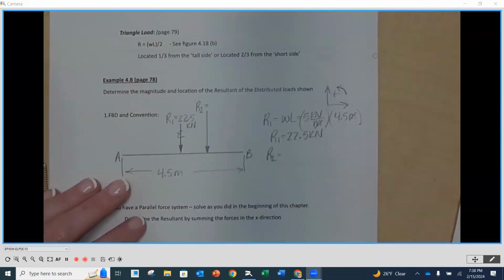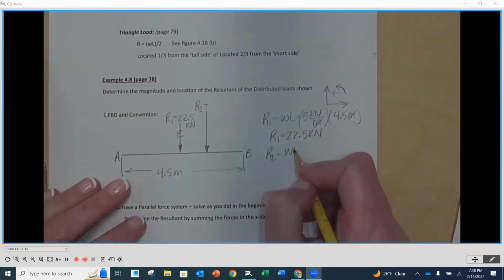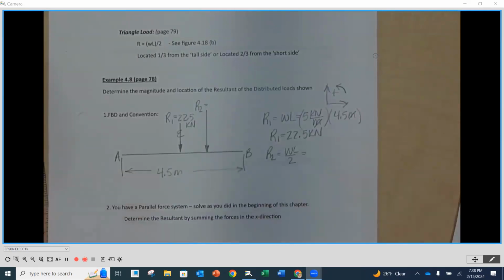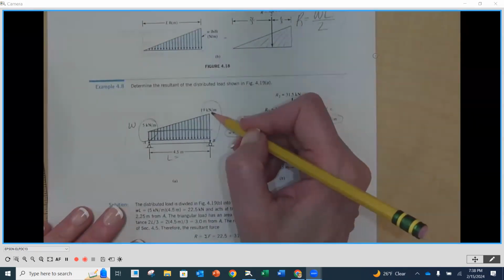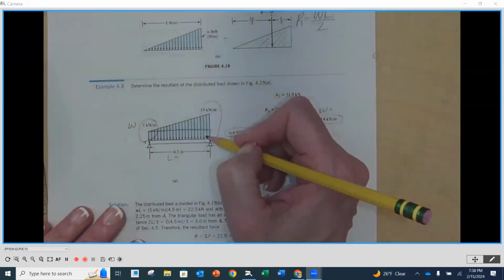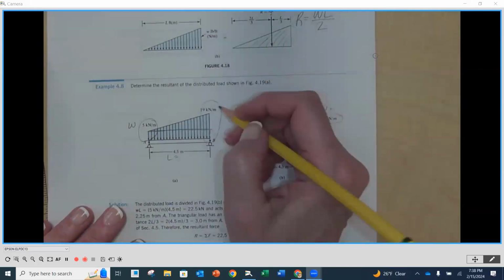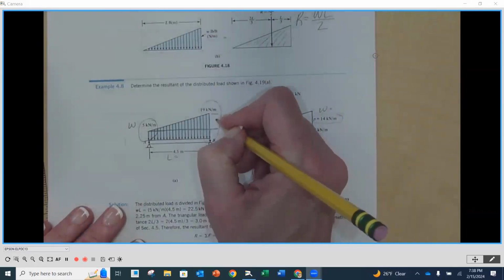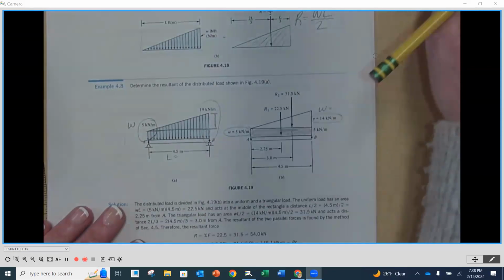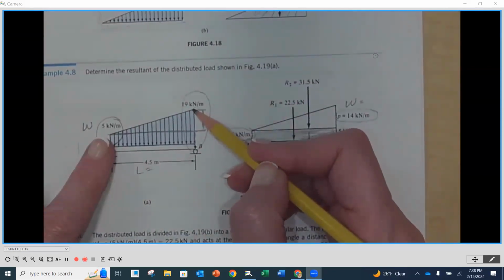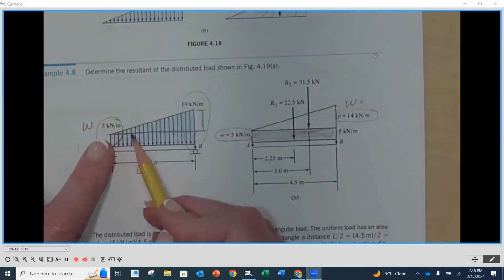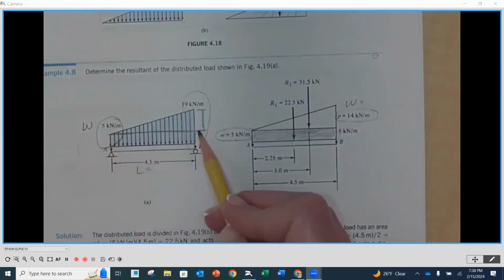R2 is going to be WL over 2. Now, to determine its W, we have to go back to the illustration, because the 19 kilonewtons per meter is the total height here. So its W is actually this difference from here to here. So we're going to take 19 kilonewtons per meter minus the 5 on the bottom, because we need to be at the bottom of the triangle that's sitting on top.